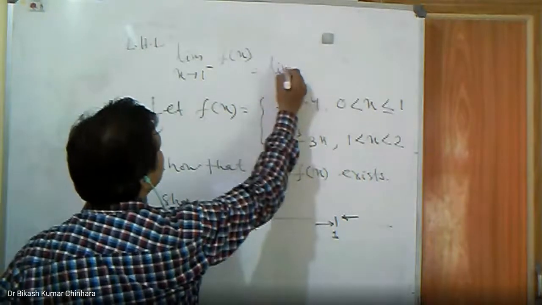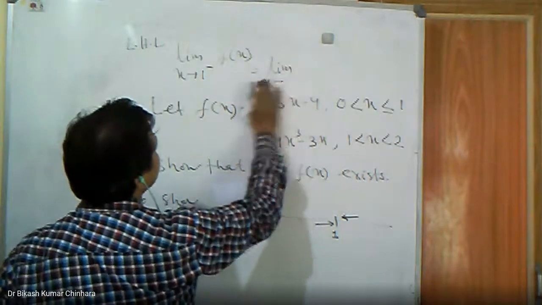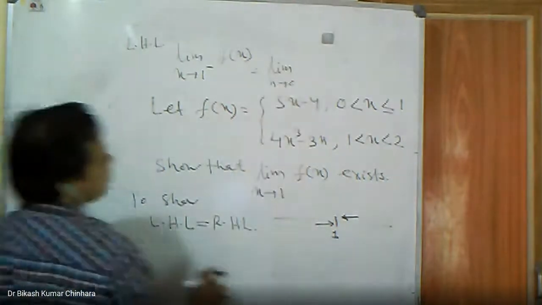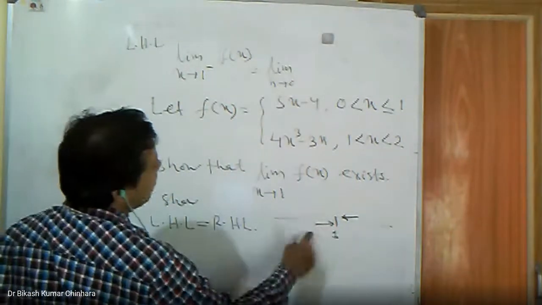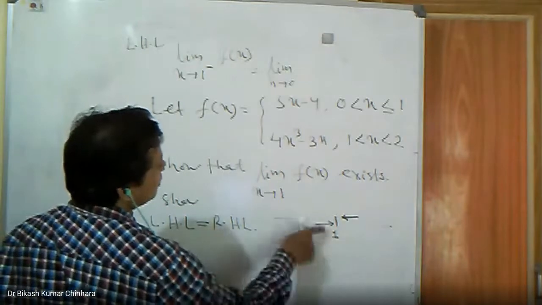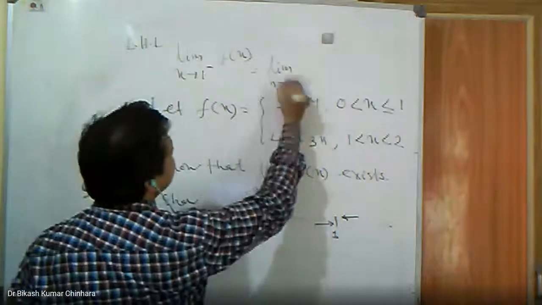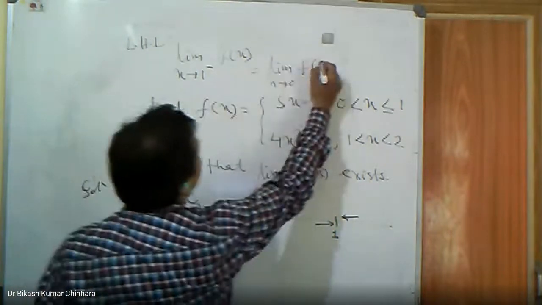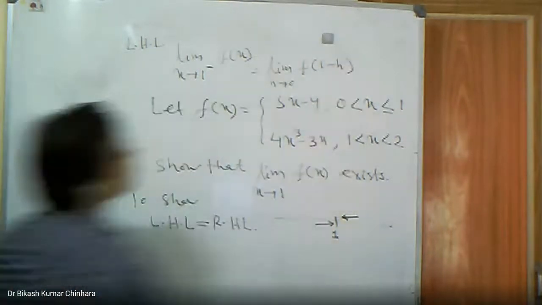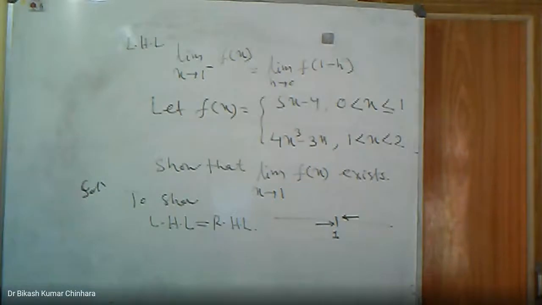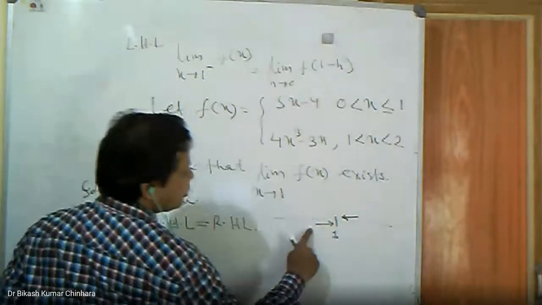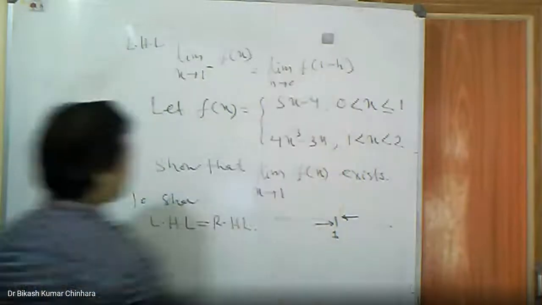Limit h tends to 0. You have to move a little away from 1 on the left side. So you should write f of what? f of 1 minus h. Is it okay? Left to 1, a minus h.